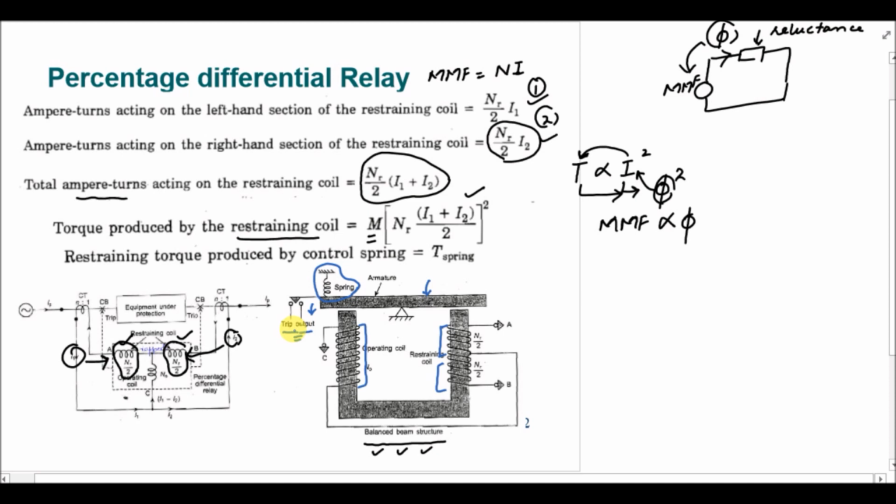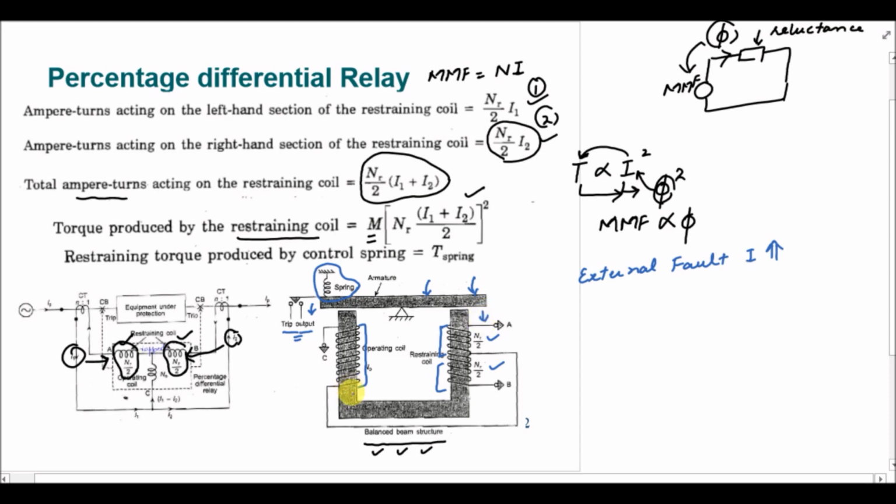But as the external fault current increases, the force applied by these two restraining coils on this beam increases in the downward direction.